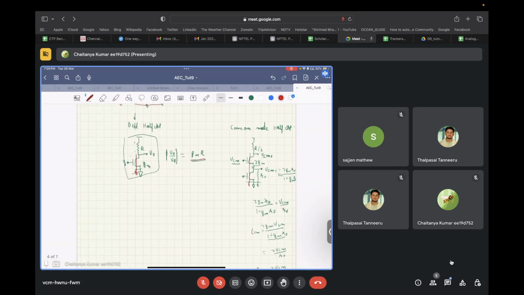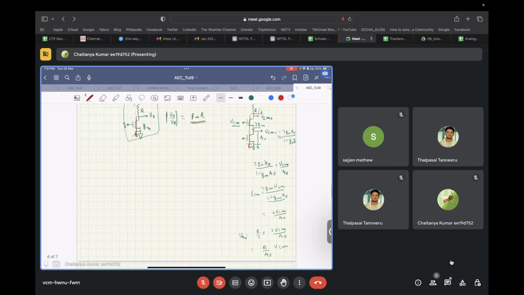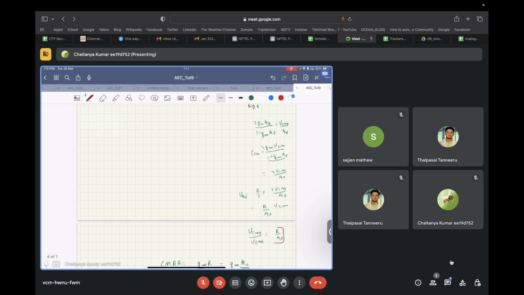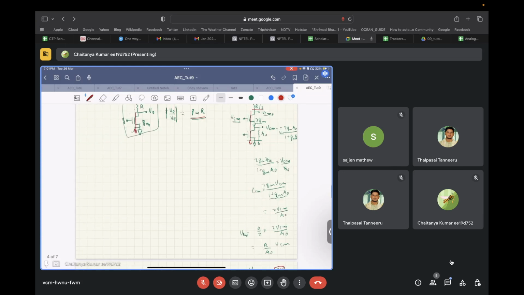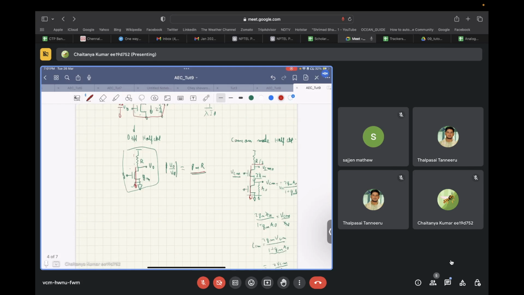Some current was being pulled by the lower part of the circuit, getting multiplied by the load R by 2, resulting in this formula, R by R naught. We see that the load in case of both common mode and differential mode is the same for this circuit.